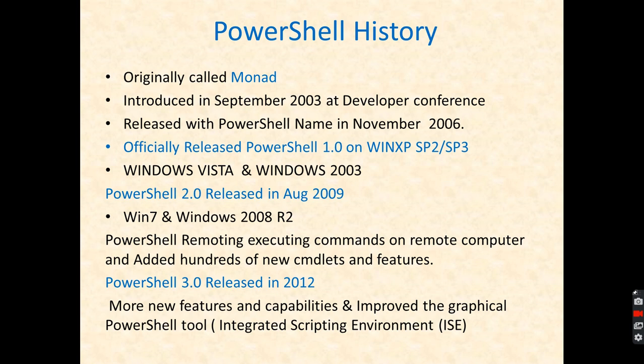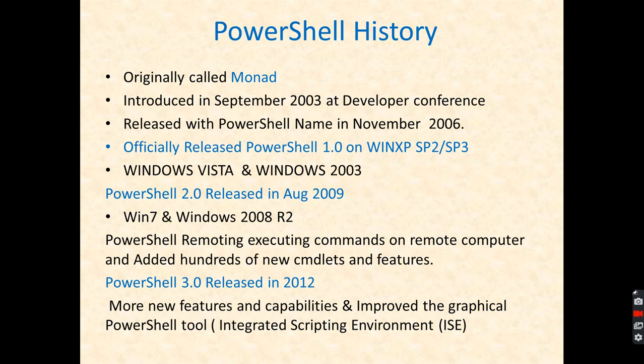And later Windows PowerShell 2.0 was released in August 2009, in Windows 7 and Windows 2008 R2. Hundreds more commands were included, and PowerShell remoting was added, so commands can be executed on remote computers.